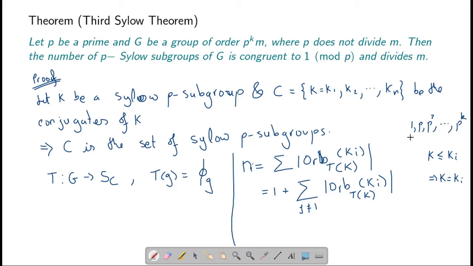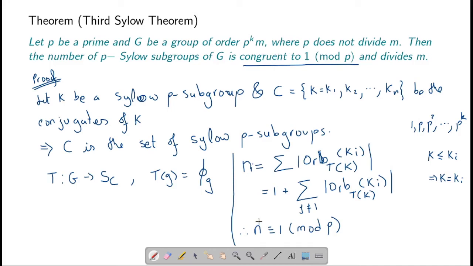So we know that none of these is 1, therefore p divides the sum, and hence n is congruent to 1 modulo p. Okay, so the first part is proved. N is the number of Sylow P subgroups, because it is the number of conjugates of K, so n is congruent to 1 modulo p.